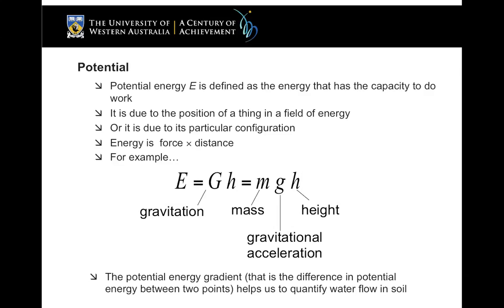So when we go back to our high school physics, energy is really force times the distance over which that force is being exerted. For example, we can measure the gravitational potential energy as being a gravitational force times some height h, some distance.